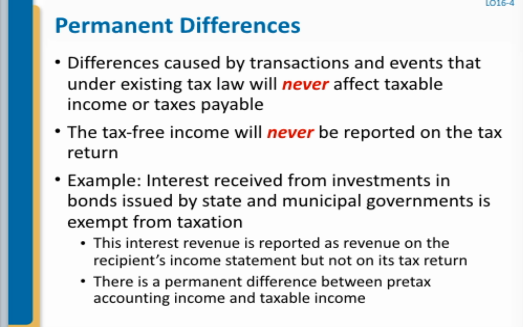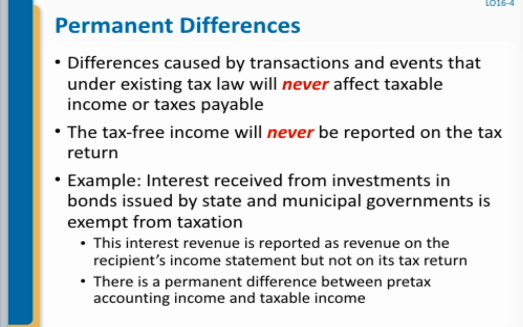So for instance, if you're investing heavily in municipal bonds or state bonds, these are local bonds, they are income tax-free to the holder. So the interest that you earn on these bonds is completely tax-free. So for income tax purposes, this is not income. But obviously on your books, it's money coming in, so it's income.